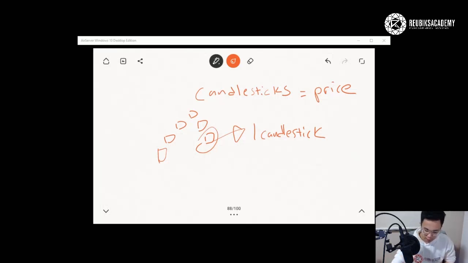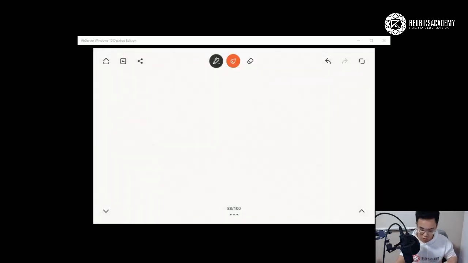Now it's important to understand how these candlesticks work so that you understand what the chart is all about. Of course, this is the beginner's edition, so if you are not a beginner, this would all look very familiar to you. This is the basics of the basics. A candlestick is basically price movement.